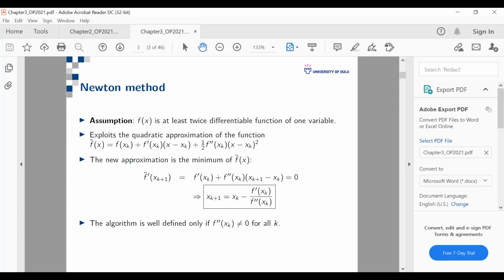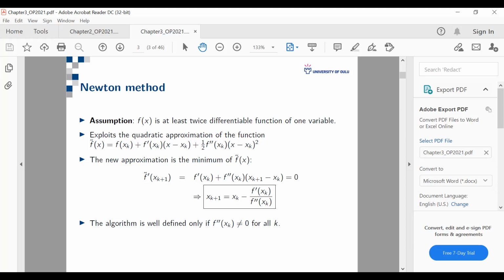So here is the first order polynomial: the derivative of f at xk times x minus xk. The derivative of this one is the constant here, f prime. And then you compute the derivative of the second order polynomial. It is once again the second derivative of f at the point xk times xk plus 1 minus xk.